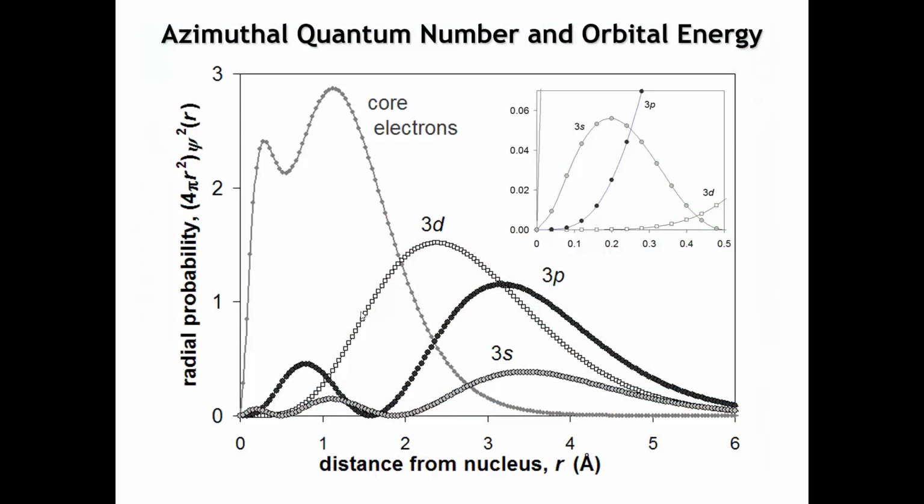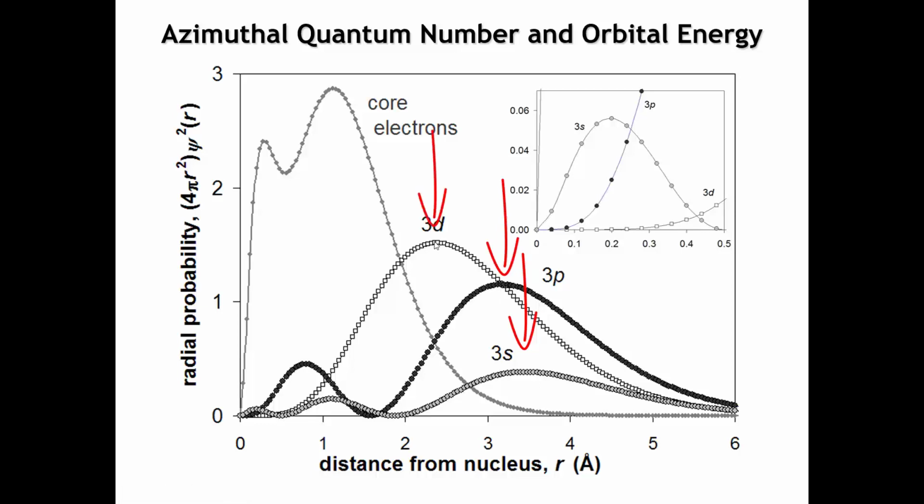And to understand why, let's look at the radial probability function for the 3s, the 3p, and the 3d orbitals in a hydrogen-like atom. If we were to look at the maximum in the radial probability function, we would see that it's farthest from the nucleus for the 3s, and a bit closer to the nucleus for the 3p, and then closer still to the nucleus for the 3d.